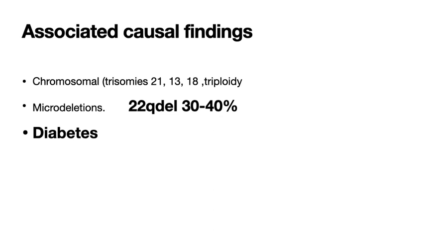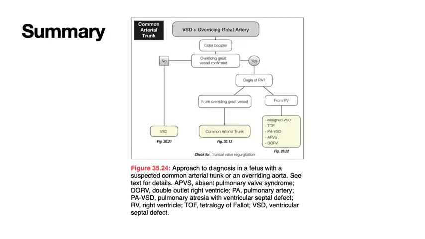They're just about involved in all these diagnoses. Also, microdeletions, and the most common one is the 22q deletion, and it's as high as 30 to 40%. And also diabetes. Diabetes really puts you at risk for all sorts of congenital heart disease.